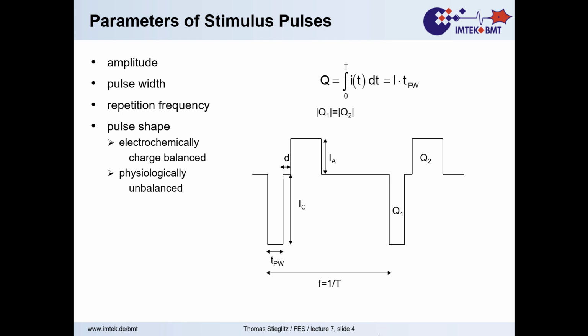Yeah? Why are we balancing the charge in the first place? The idea is, when you remember the electrode electrochemistry, that you want to keep your electrodes inside the water window. And if you apply a cathodic pulse, you get a potential.